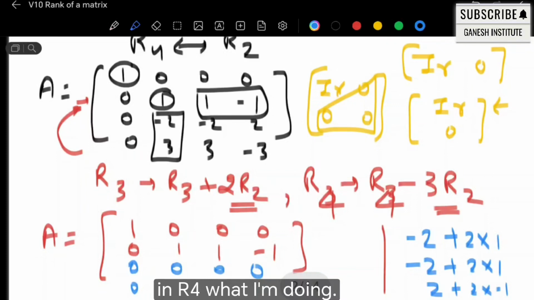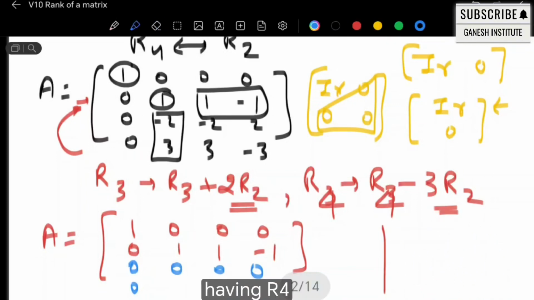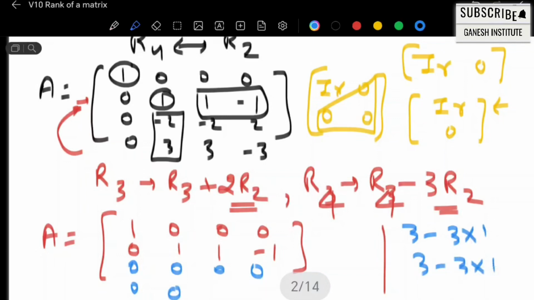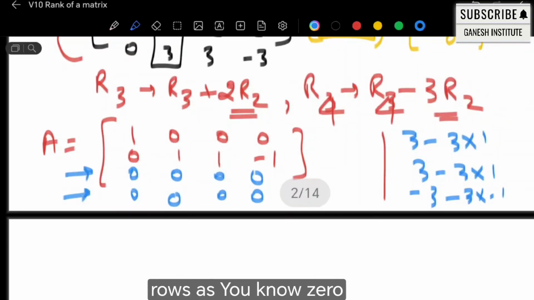In R4, what am I doing? I'm having R4 minus 3R2. So 3 minus 3, 0. R4 minus 3R2, 0. Minus 3 plus 3, 0. Wow, we've got 2 whole rows as 0 rows.